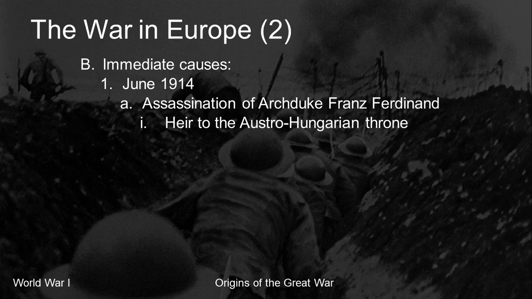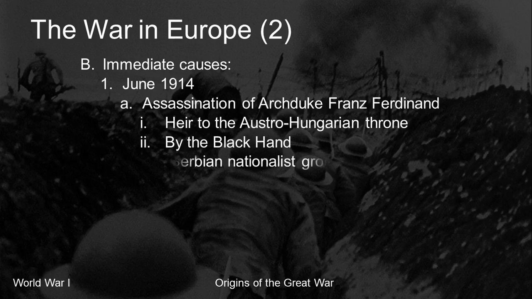As they start investigating his assassination, I mean, they caught the guy who did it. And the Austro-Hungarian authorities found that the group that had perpetrated the assassination was known as the Black Hand. The Black Hand was a Serbian nationalist group that was financed by Serbia.